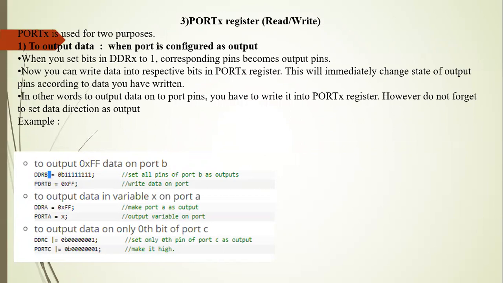Now if I want the LEDs to be on first, then using this port register I have to write 1 to the corresponding pin. As I write 1 in the port register, 1 will be outputted at that particular pin and my LED will be switched on. Now if I want my LED to be switched off, then in this port register you have to write the corresponding bit as 0.